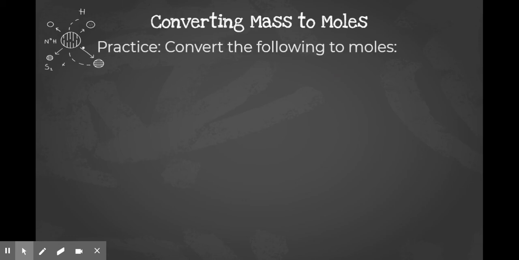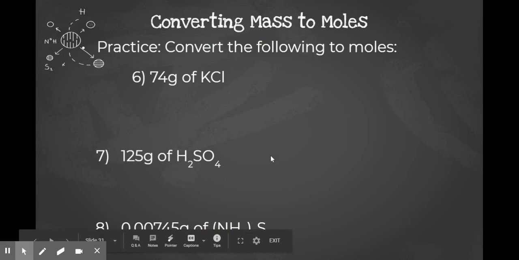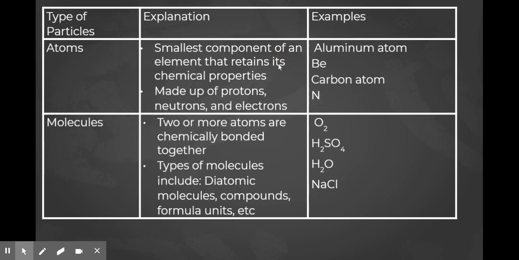And then there are 3 others in which you will divide. So try these 6 problems as practice problems. Remember, you need to find the molar mass first, and then either multiply or divide. And that molar mass comes straight from the periodic table. So as part of your homework for today, I want you to practice those and finish that other sheet.